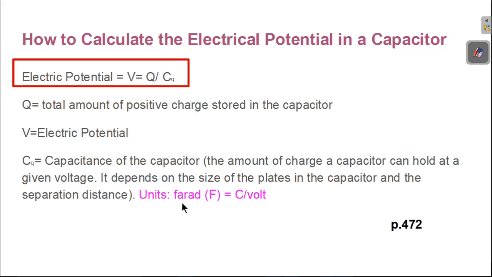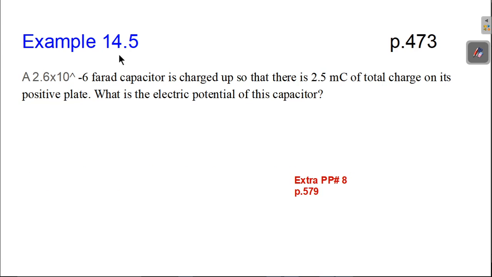Okay, that's all it is, but it has a new name, farad. So now that we have looked at the units, let's go back to our example on page 473. So we have a 2.6 times 10 to the minus 6 farad capacitor. So they give us the capacitance of this capacitor. It's charged up so that there is 2.3 millicoulombs of total charge on its positive plate. Look at these units, we need coulombs, so we're going to have to change that.